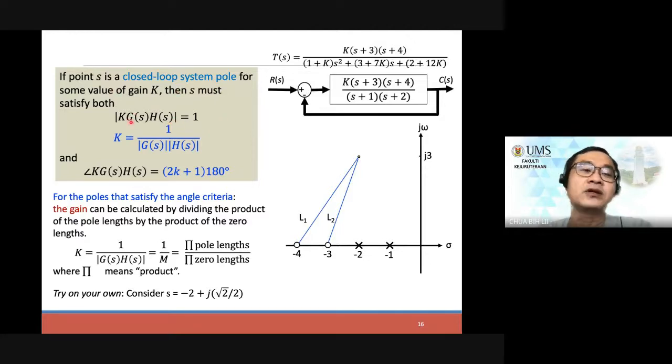When we rearrange, we have these equations, and we also realize that in order to satisfy these conditions, we have a polar system where the angles should be equal to (2k+1) multiplied by 180 degrees. So this is just a rough idea of how we can test any point in our S-plane, whether it is a root locus point or not, right?